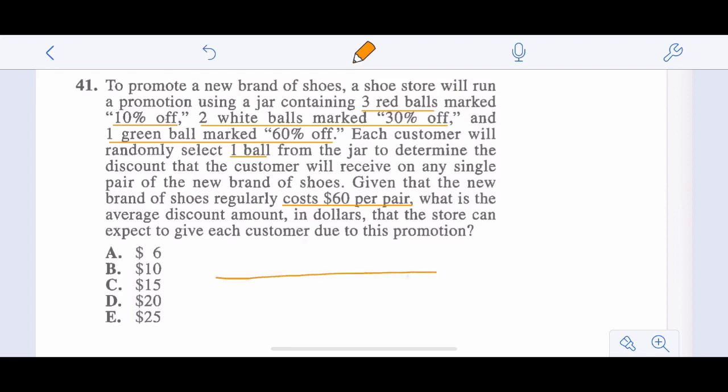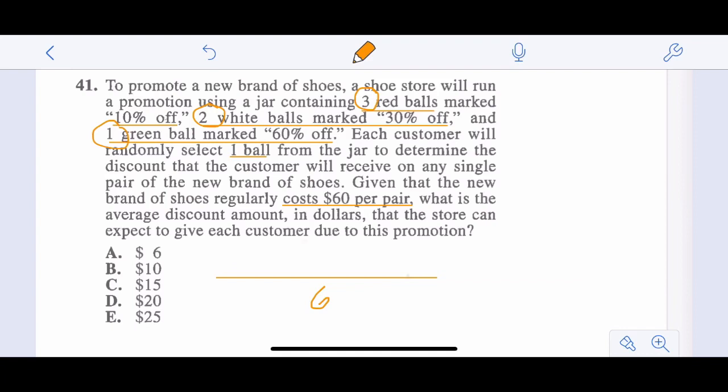Okay, so let's count how many we have first. 3, 4, 5, 6. So 3 plus 2 plus 1 is 6. That's our total number of items that we have.